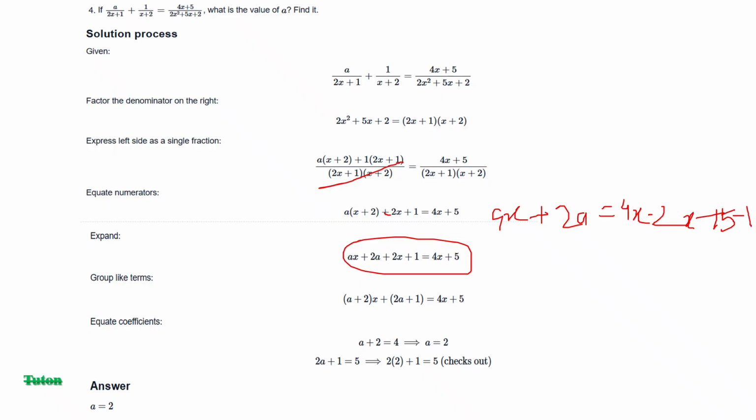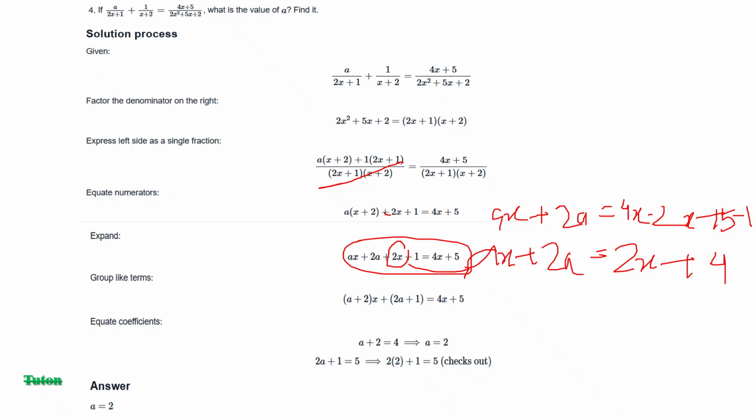On changing the position of 2x to the right side of the equal sign, we will get a negative 2x. After that, we will remain with ax plus 2a. 4x minus 2x will give 2x, and 5 minus 1 will give us 4.